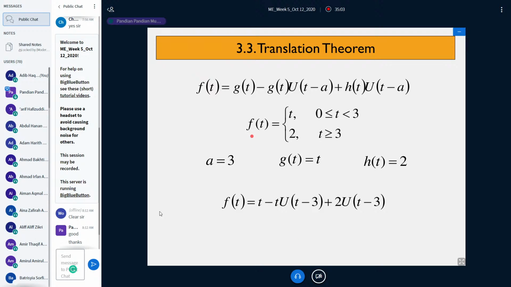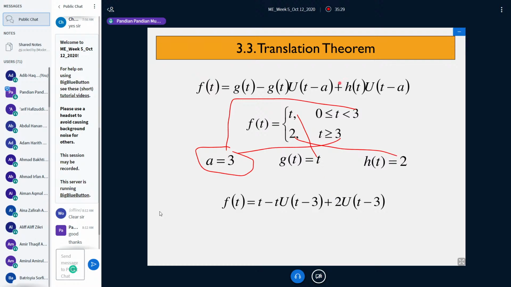So f(t) is t for 0 to 3, and 2 for t greater than 3. So what is your a? a is 3, and g(t) is t, h(t) is 2.